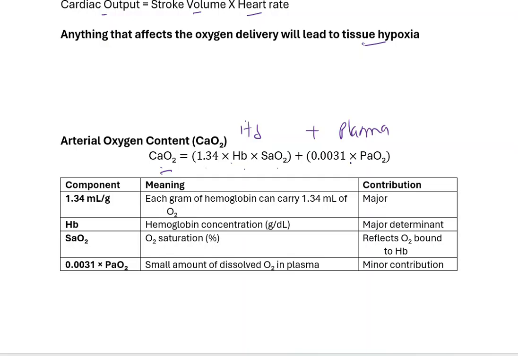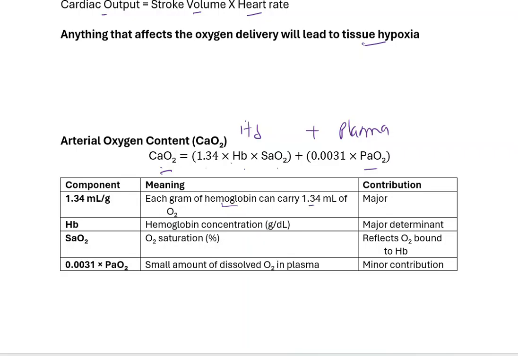And in the plasma it will be 0.0031 multiplied by the partial pressure of oxygen in the plasma. So where do we get 1.34 from? Each gram of hemoglobin can carry about 1.34 mL of oxygen, right?